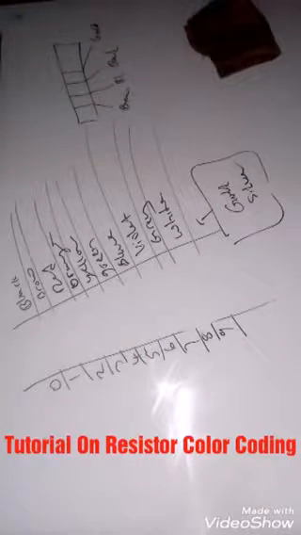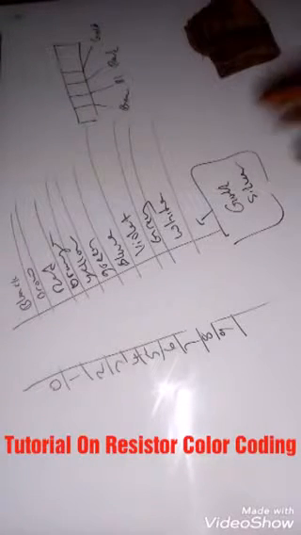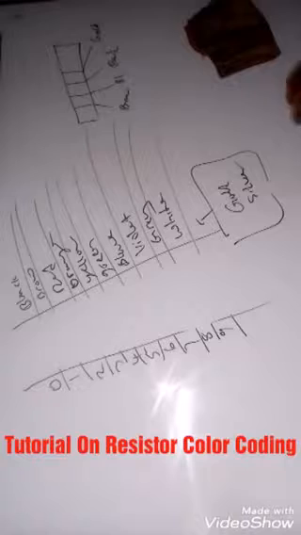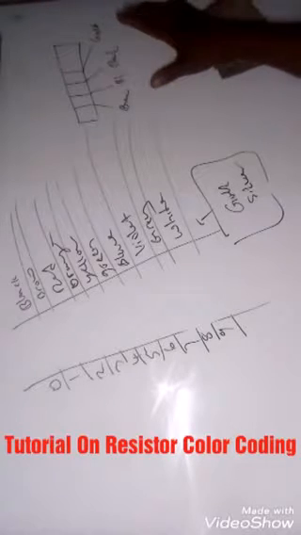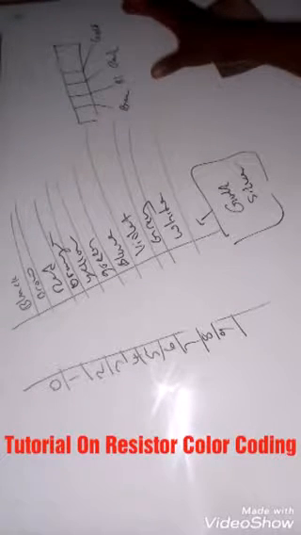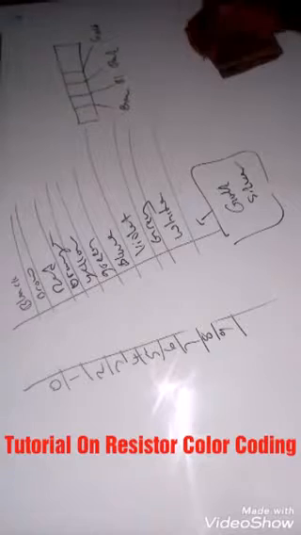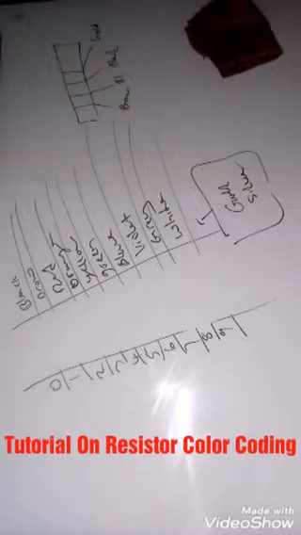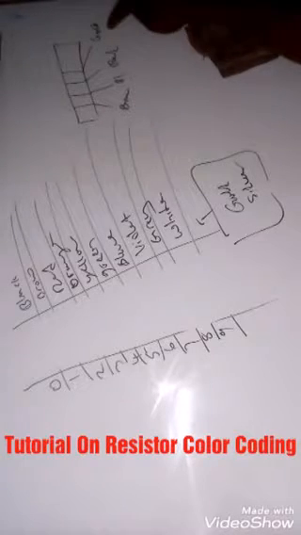Don't forget that a tolerance color will always come with all resistors. All resistors must have a tolerance color, at least 1 or 2. This tolerance color is what we use to know the last part of a resistor. As it is now, our first color is the brown, not the gold.